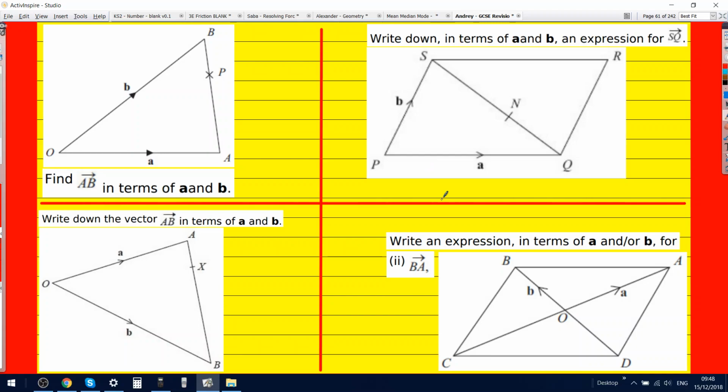Okay, one on the left. So, is that like minus A plus B? Yeah, minus A plus B. How about top right?